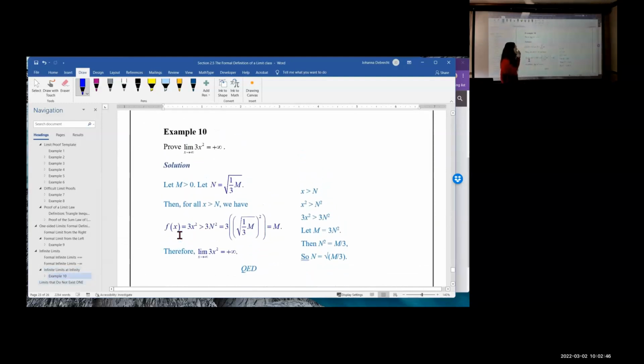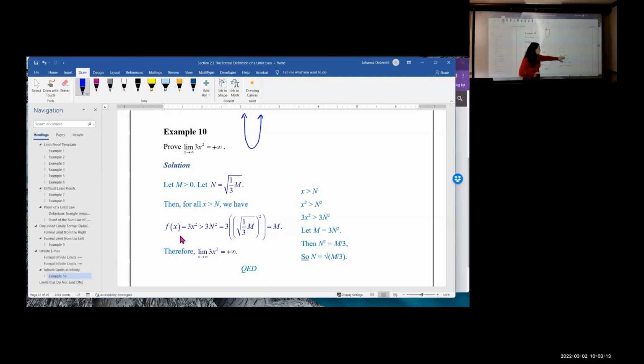All right. And here is an example of a proof of that. I went ahead and wrote it out for you. We have the limit as x goes to infinity of 3x squared. Remember, 3x squared, of course, is a narrow parabola. It's going up 3 times as fast. So as you move to the right, the function is definitely going to infinity. This is your scratch work over here on the right. You start with x greater than N. Then you say x squared is greater than N squared.